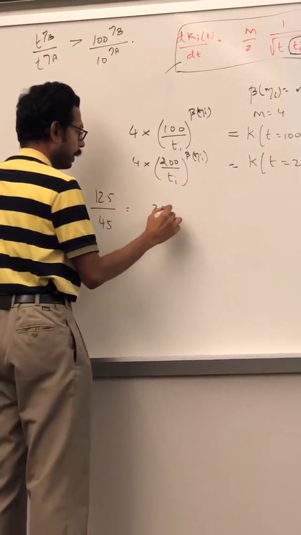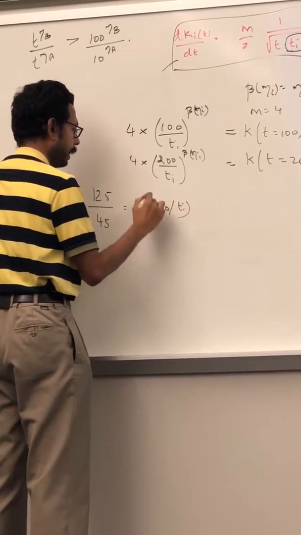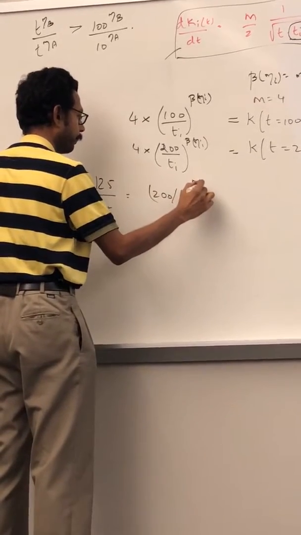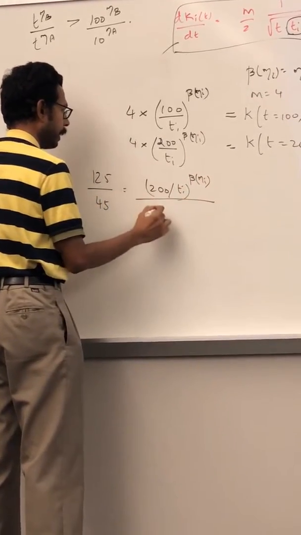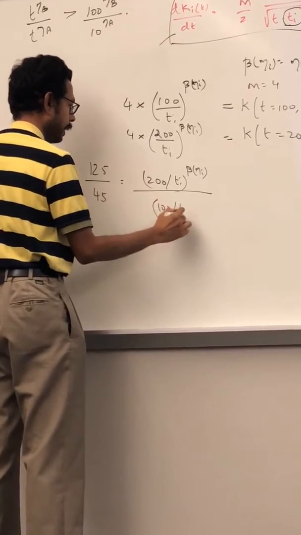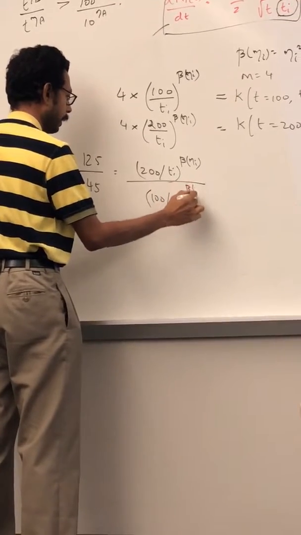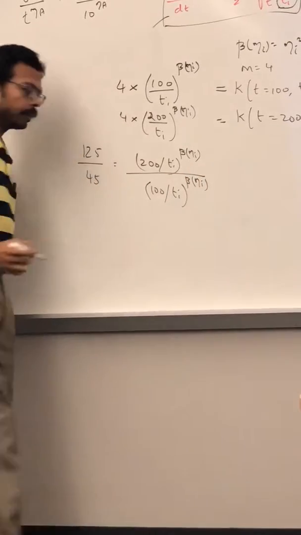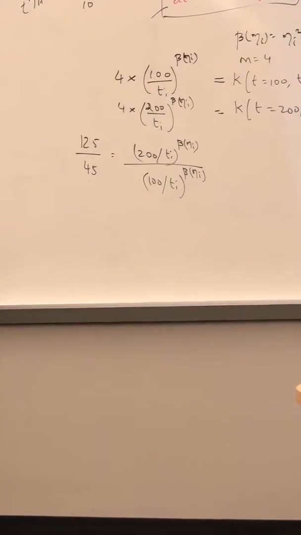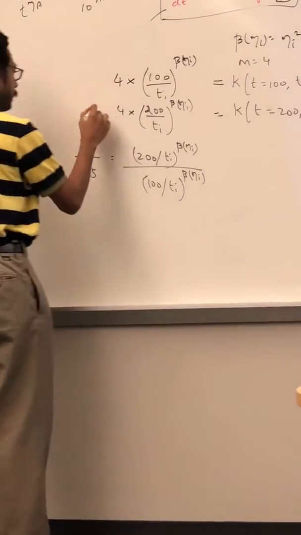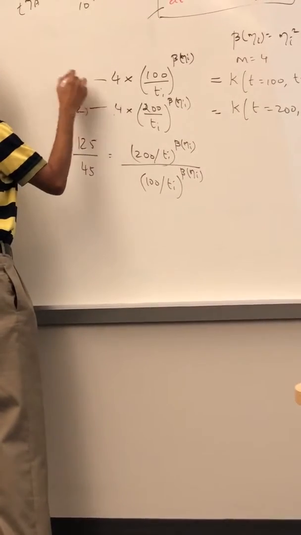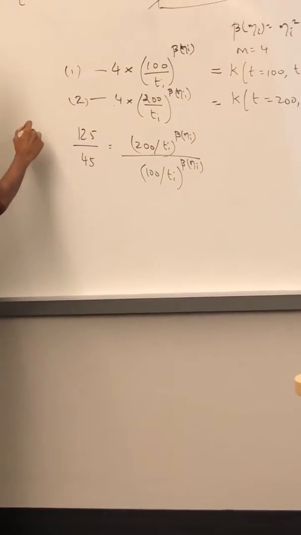So it's going to be 200 divided by Ti raised to beta, divided by 100 over Ti raised to beta of eta I. Is that clear? If I divide the second expression by the first expression, this is what happens.